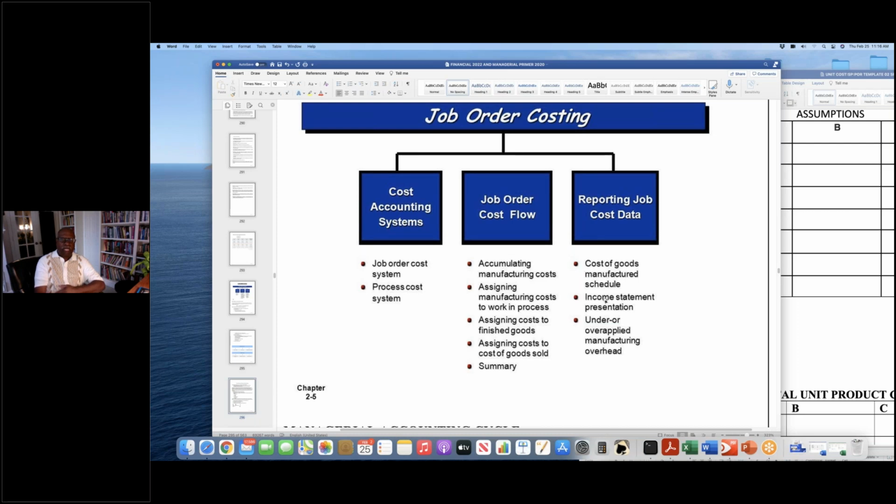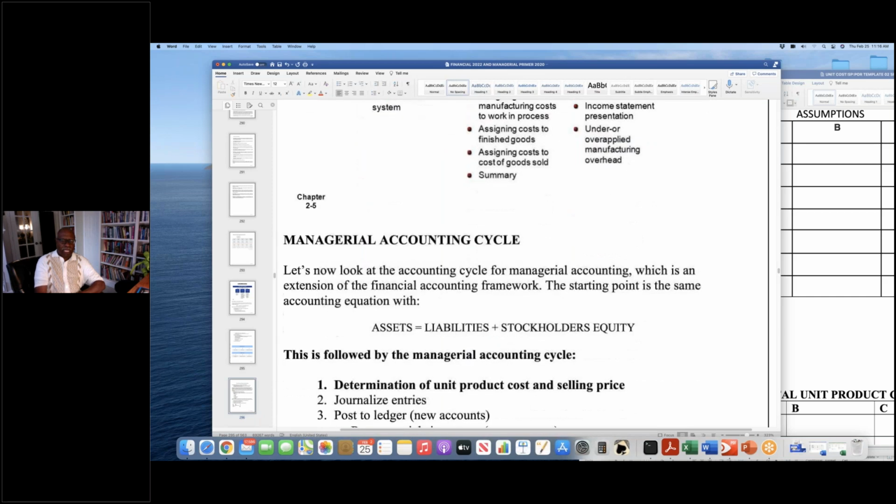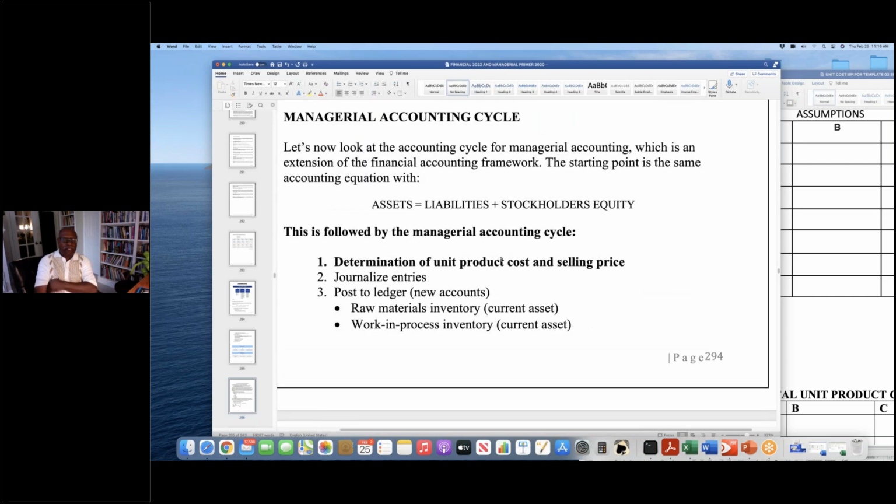And that's what we said about cost accounting, managerial accounting, that is concerned internally with helping the company make money on a product by product basis. And then we talked about that managerial cycle, determining the unit cost and selling price. That's the first thing we've got to do.